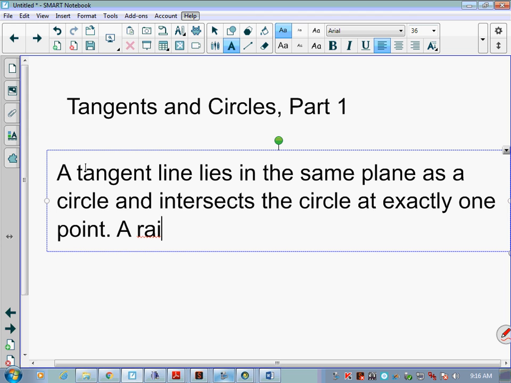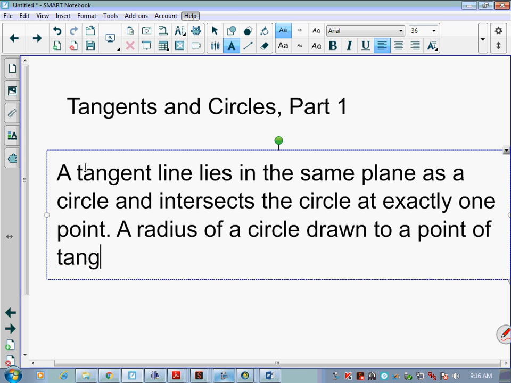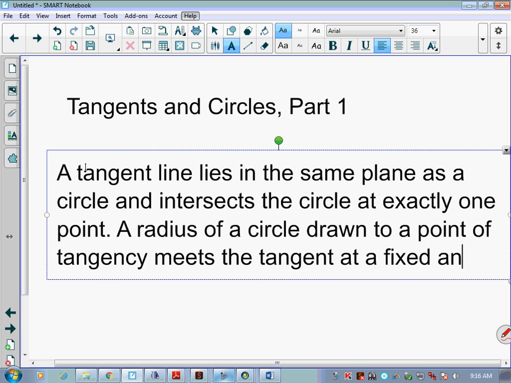A radius of a circle drawn to a point of tangency meets the tangent line at a fixed angle. I'm getting some of that written up here.